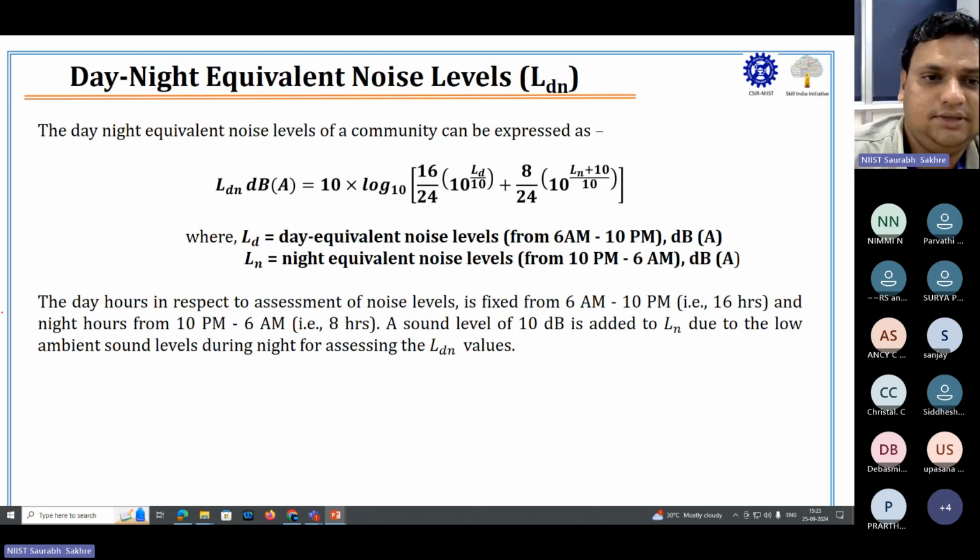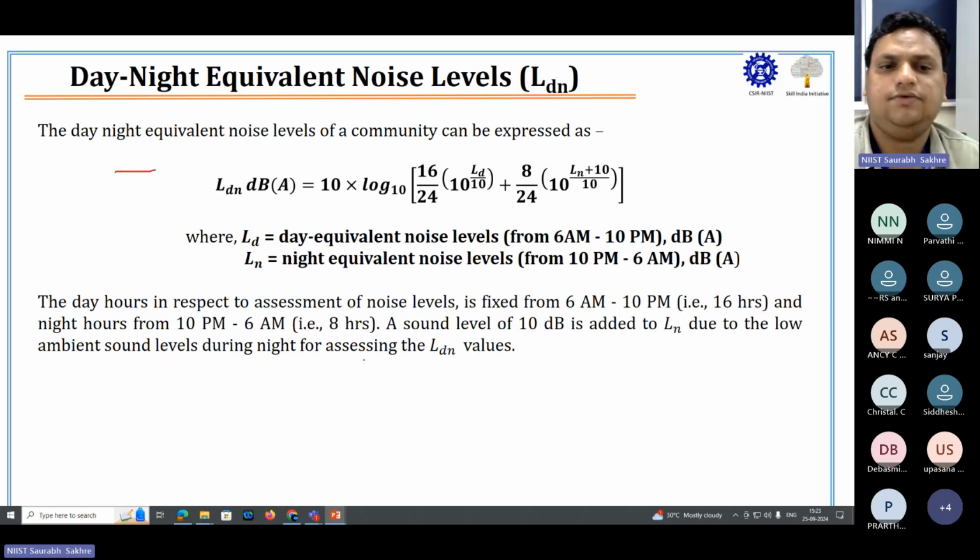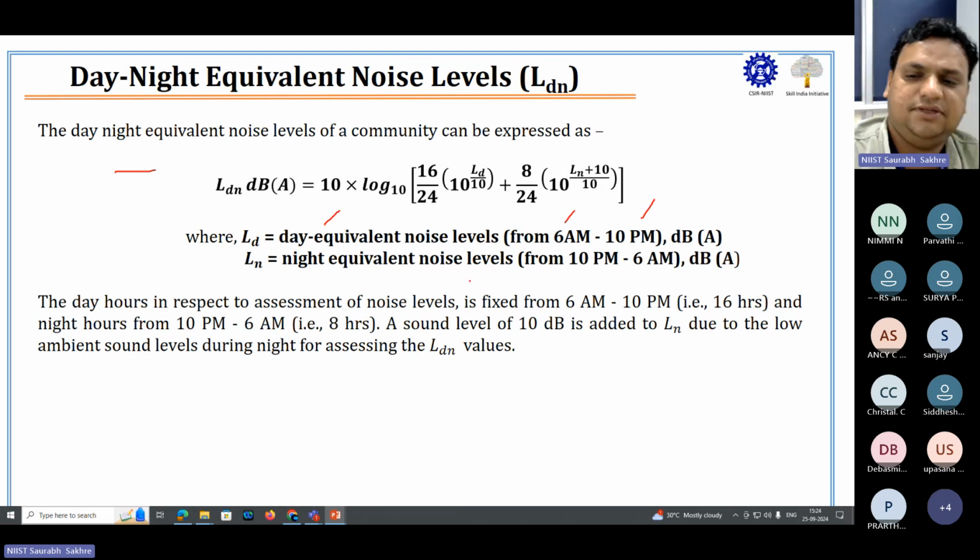Now there is also a day-night equivalent noise level. Keep in mind that when you work in noise pollution, daytime is considered as 6 a.m. to 10 p.m., that is 16 hours, and night time is considered as 10 p.m. to 6 a.m., that is 8 hours.